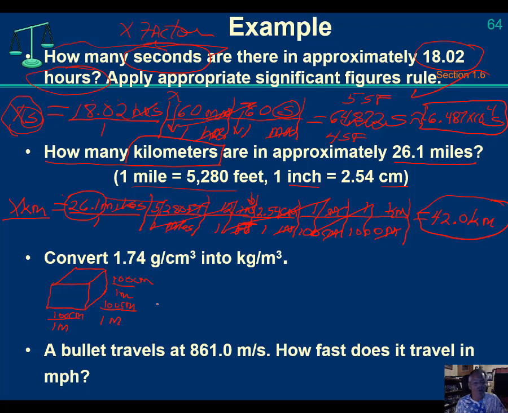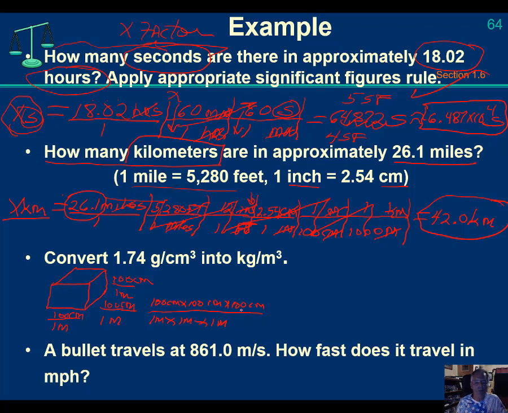All right, so you know how to compute the volume of a cube. It's just length times width times height. So this would be 100 centimeters times 100 centimeters times 100 centimeters, and we could do exactly the same volume in meters by saying 1 meter times 1 meter times 1 meter.